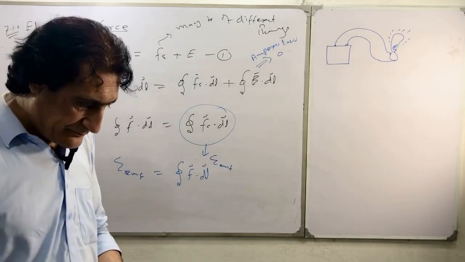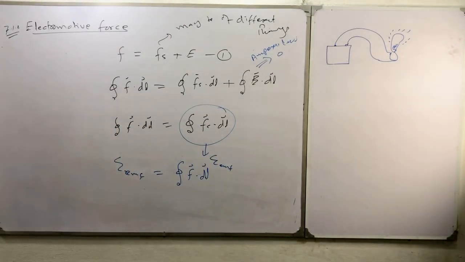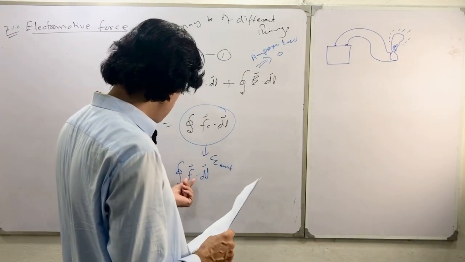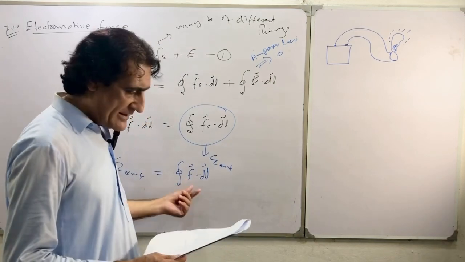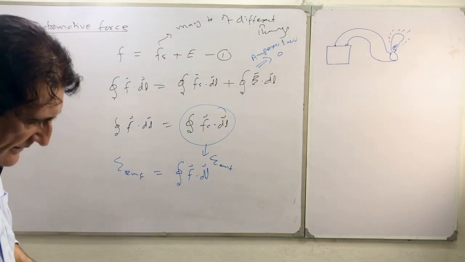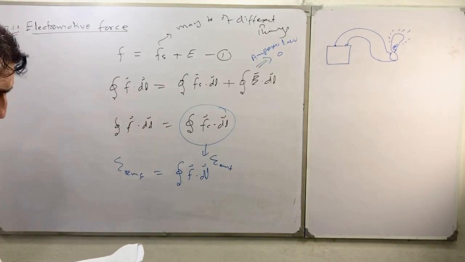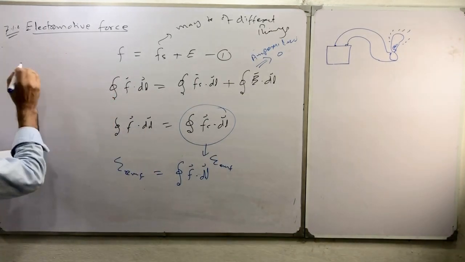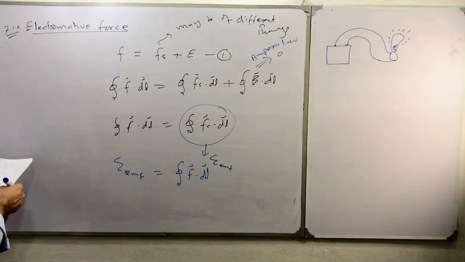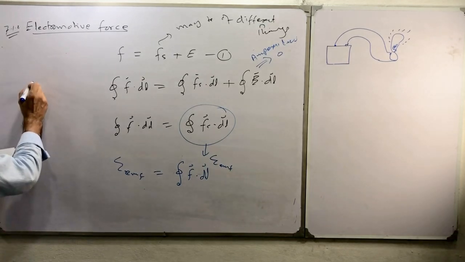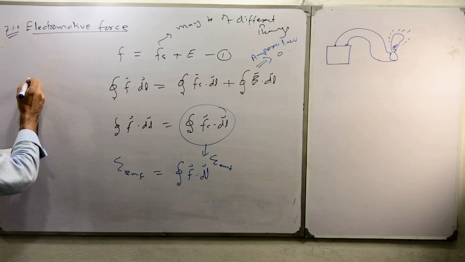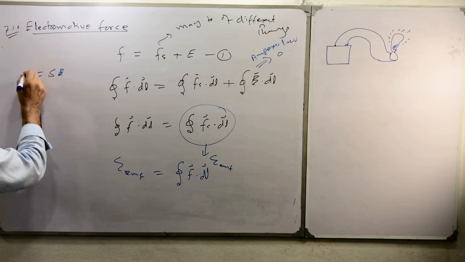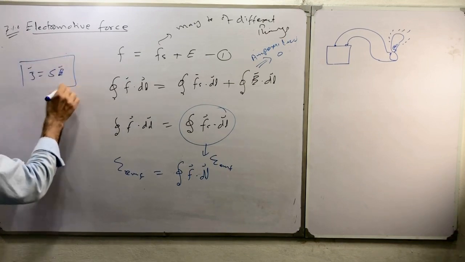Now, if the source is a battery and we want to define this total force F, last time we discussed that J is equal to sigma E. This is Ohm's law, where E is the electric field.